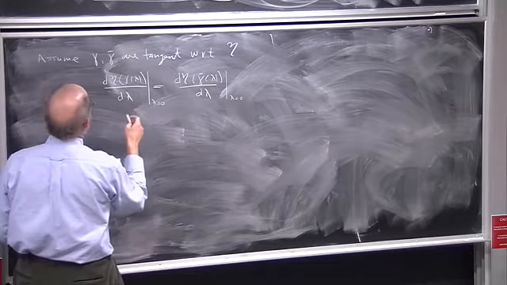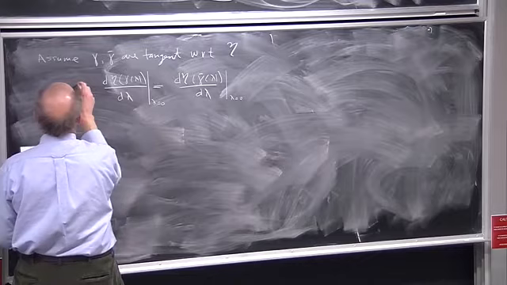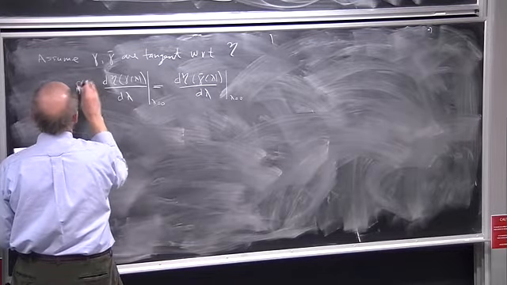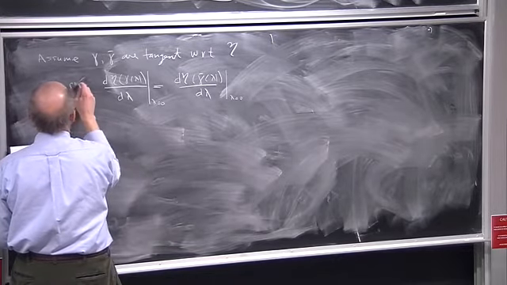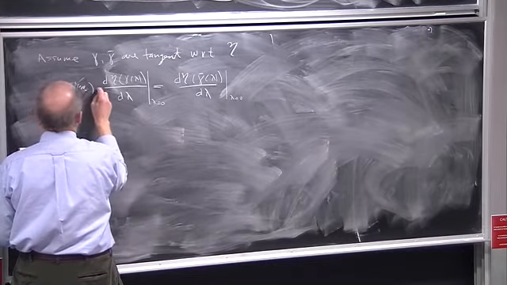Now just apply F prime of W naught to both sides.